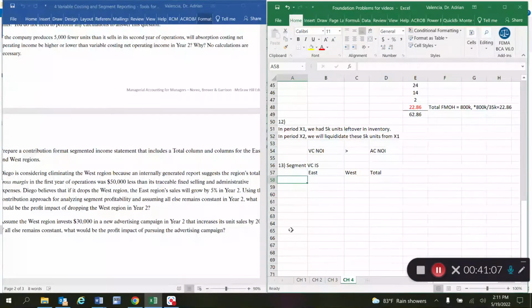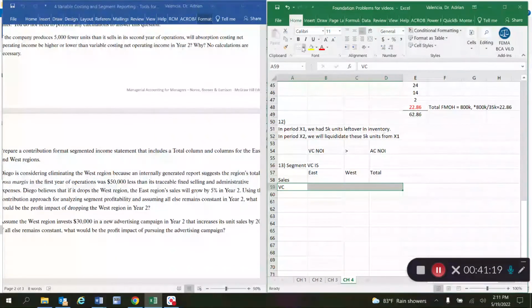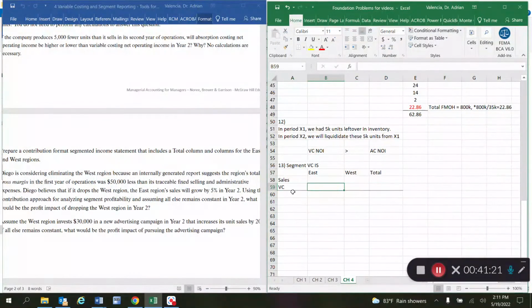So for the east, we have sales, we have all variable costs. Variable costs, we're just going to throw them all into one, and then that gives us contribution margin. And again, this variable cost right here is going to be related to both product and non-product related stuff.